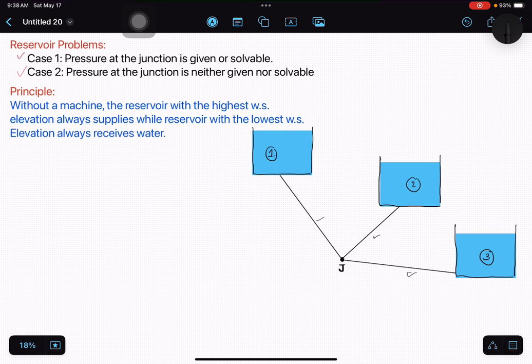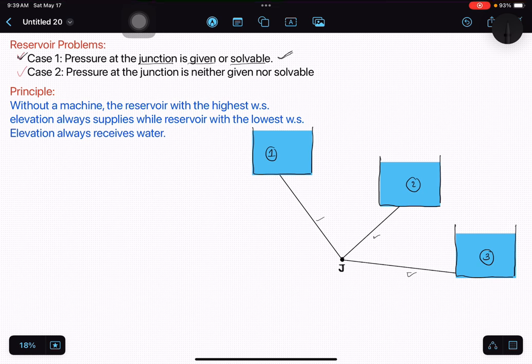So, junction. In the analysis of reservoir problems, there are two possible cases na pwede nating ma-encounter. Una na diyan is kapag ang pressure at the junction is given, or kung hindi man siya given, solvable siya. In this case, class, ito yung pinakamadali na case sa analysis of reservoir problems.